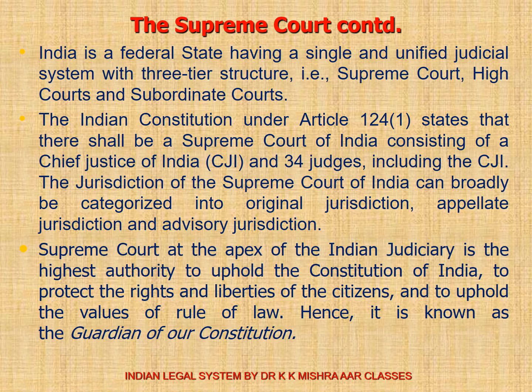The jurisdiction of the Supreme Court of India can broadly be categorized into original jurisdiction, appellate jurisdiction and advisory jurisdiction. So in all, the maximum strength of the Supreme Court shall now be 35, including the Chief Justice of India and 34 other judges. But at present, including the Chief Justice of India, the strength is 34.